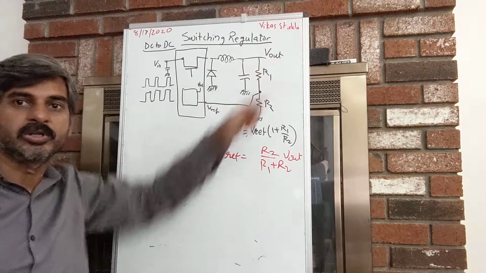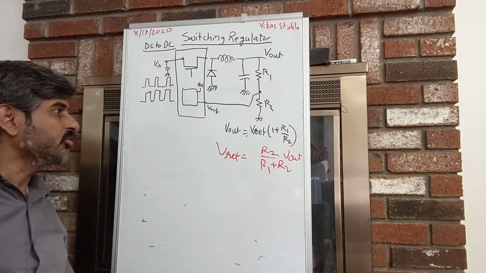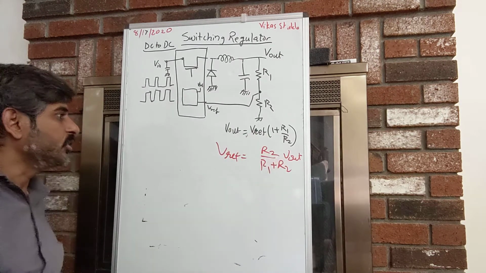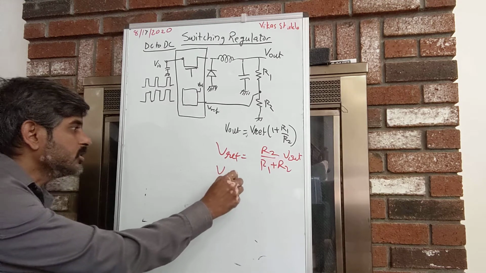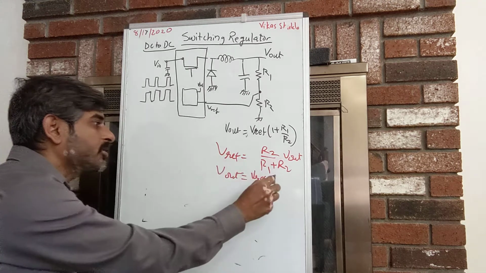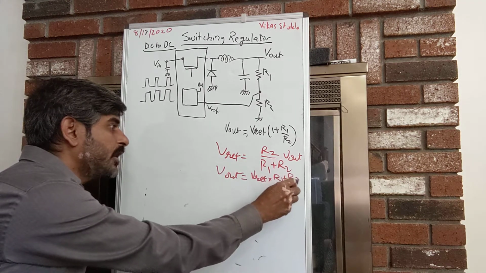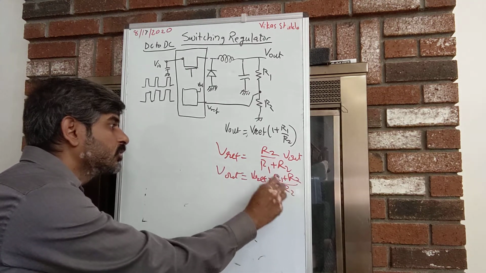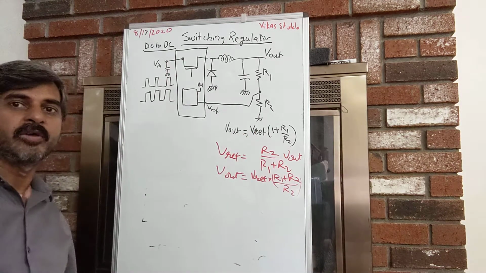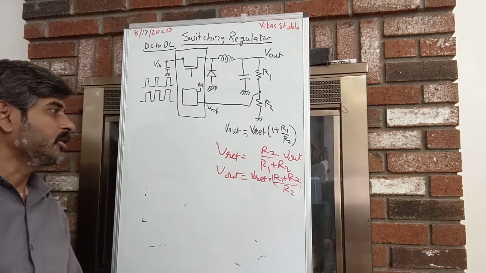This is the output voltage here. Now we can rephrase this equation, and we get Vout equals Vref multiplied by R1 plus R2 divided by R2. Or we could write it this way: Vout equals Vref multiplied by 1 plus R1 divided by R2.